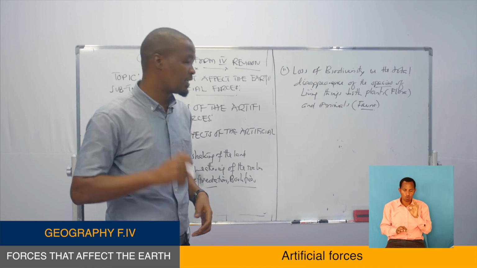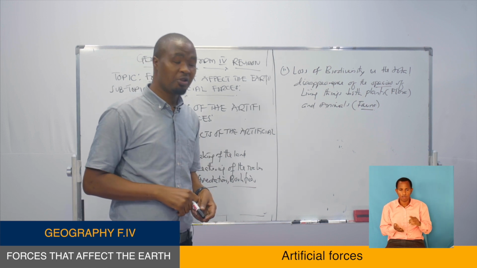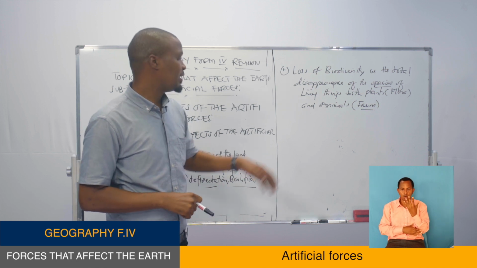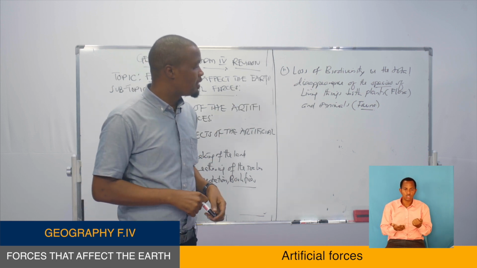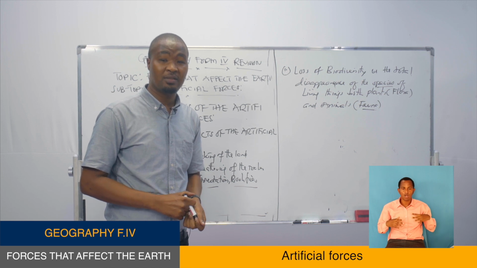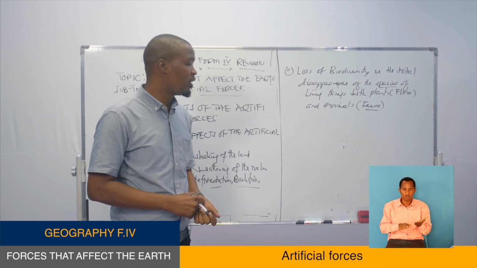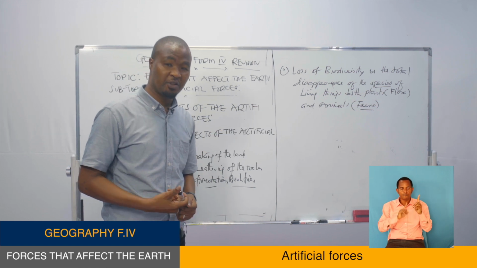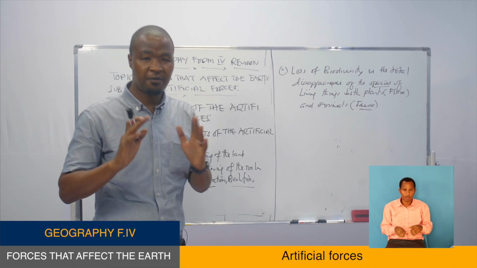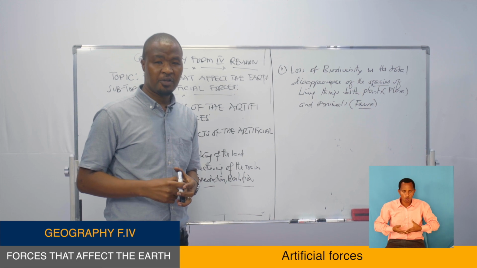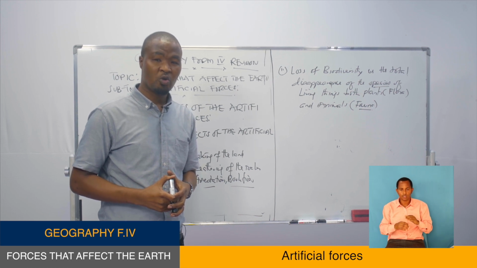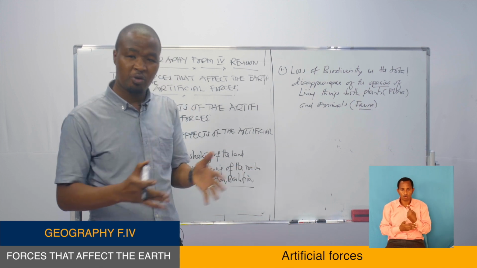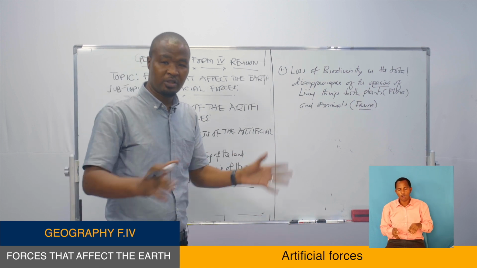So during the burning of the land, after the explosion of the bomb, it may result in the total loss of a given species of living organism, either plants or animals found in a given area. Apart from that, sometimes during fishing, we may use different chemicals, for instance during dynamite fishing. So what happens? It may result in the killing of some species of fish within the water bodies.